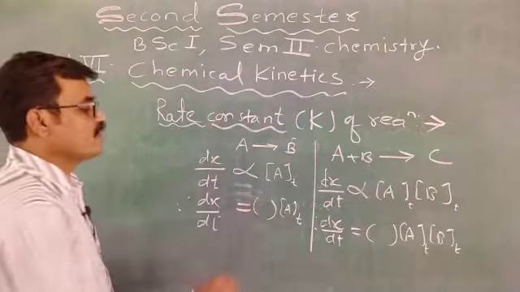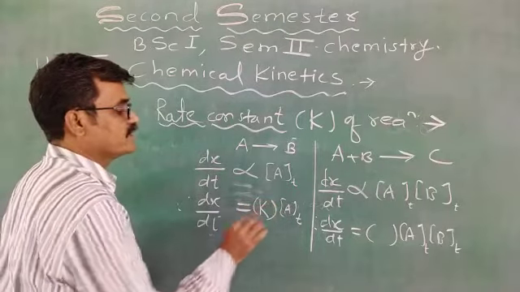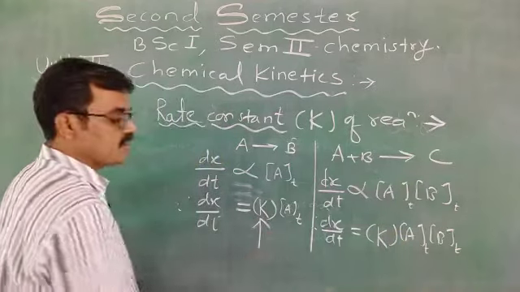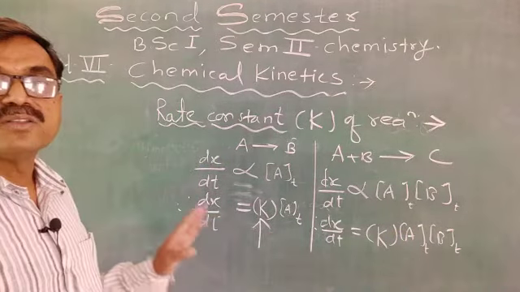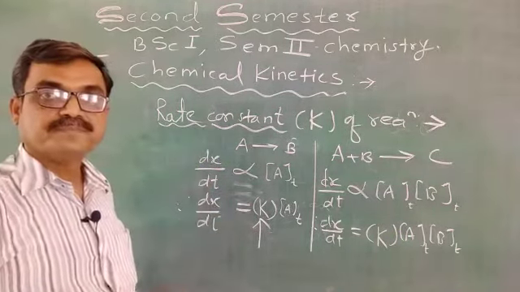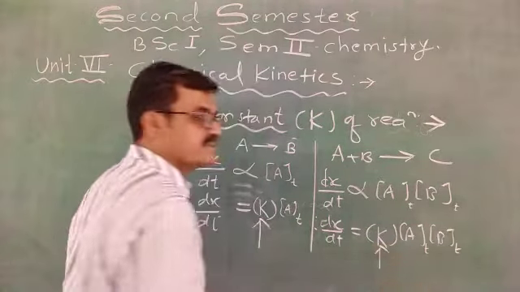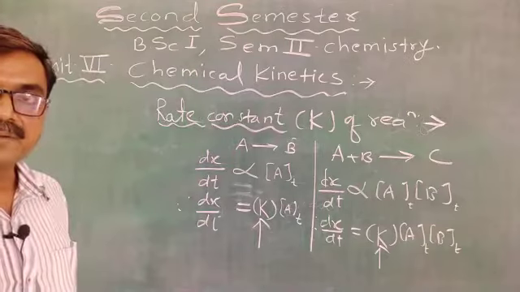Here the constant is K, and this K is called the rate constant of the reaction.